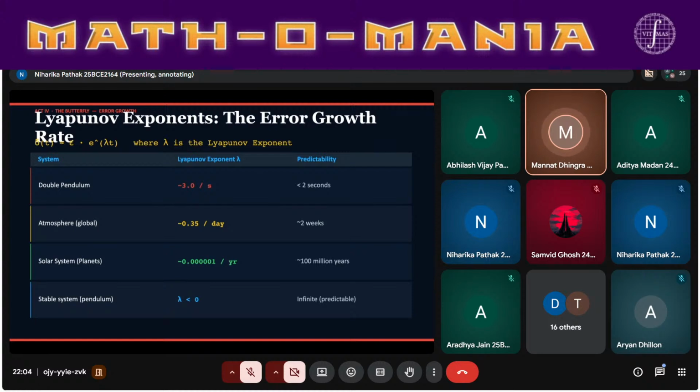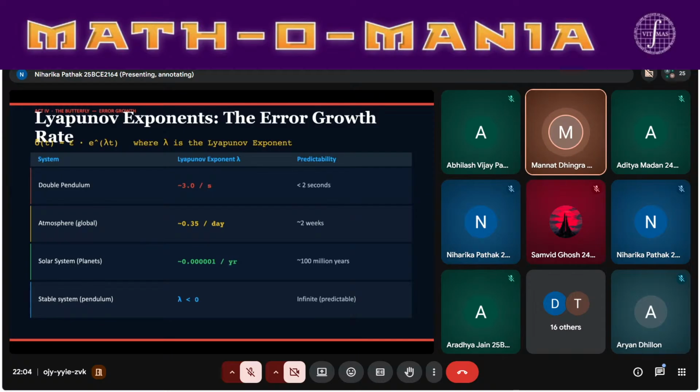And let's go to the last system, which is the stable system, or the normal pendulum. In this case, the Lyapunov exponent is so small that it literally goes negative. So in this case, the predictability horizon increases by a large amount. It literally becomes infinite.